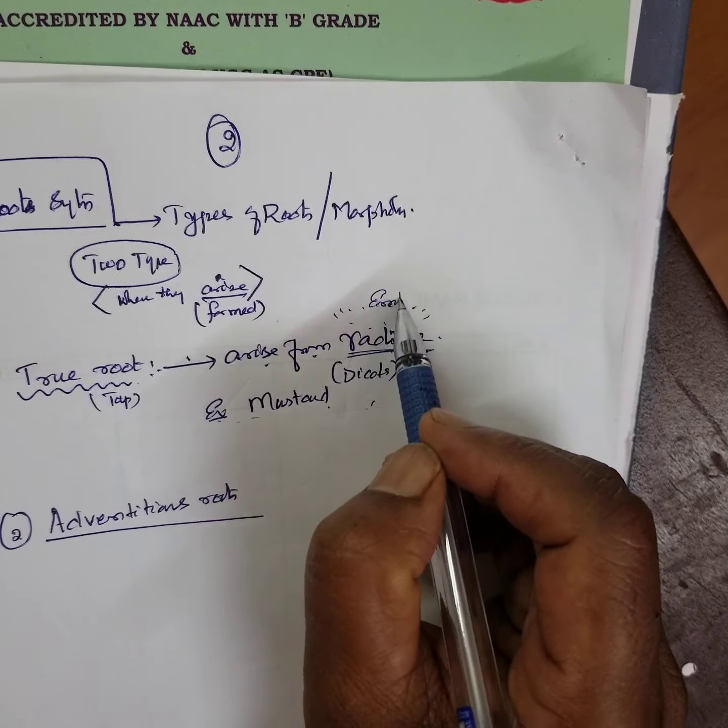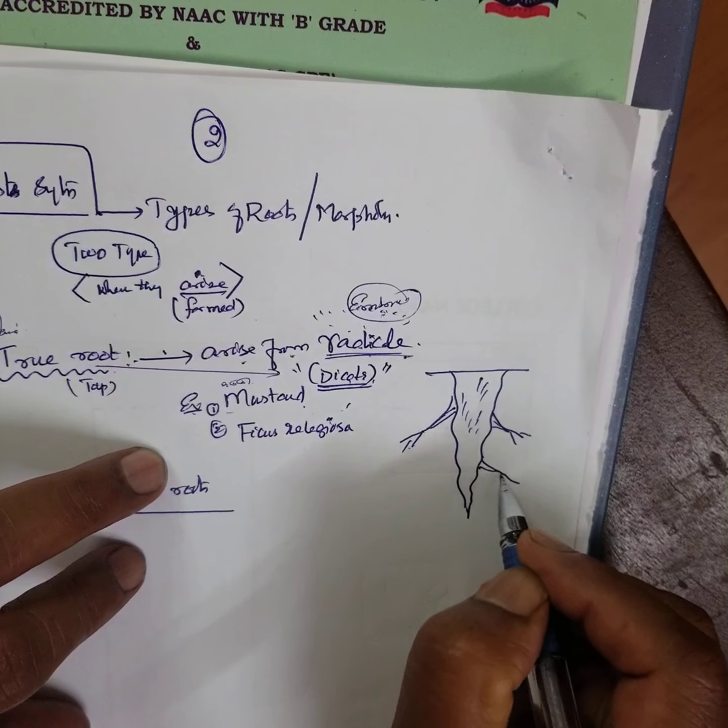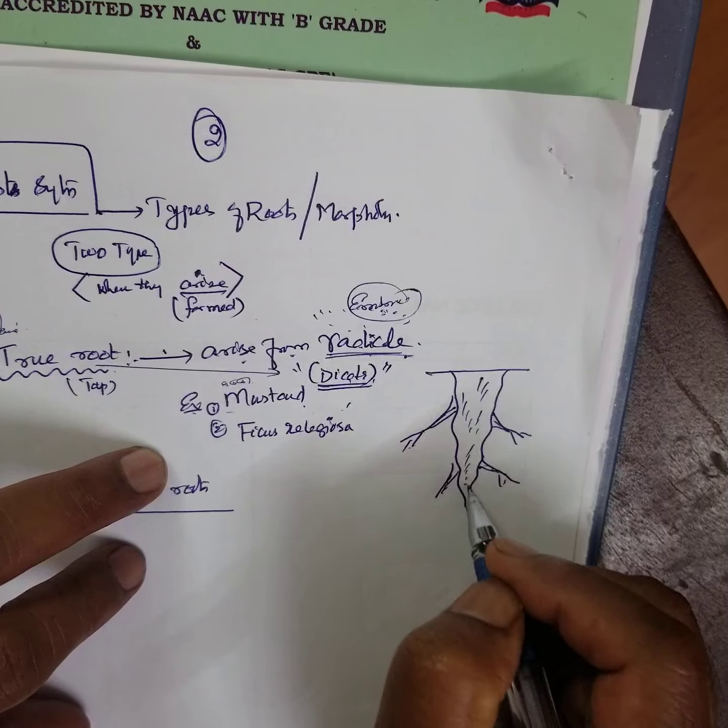Remember, all dicot plants have true roots or taproots. Examples: mustard, and another one, Ficus religiosa. Look, this is how true roots look. It is also called taproot, or true root.